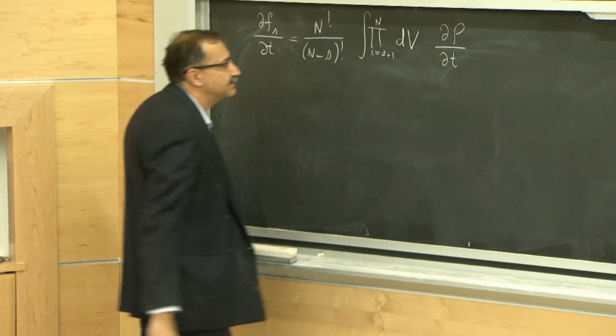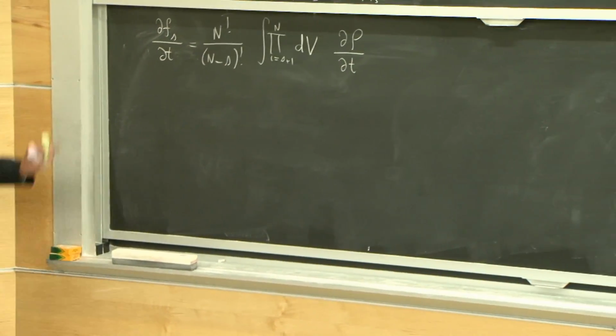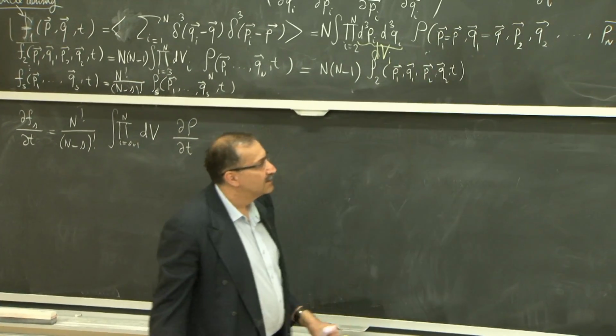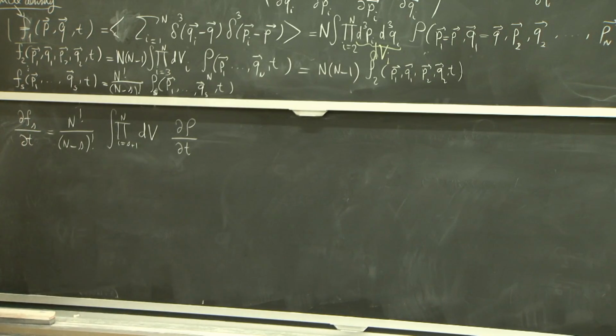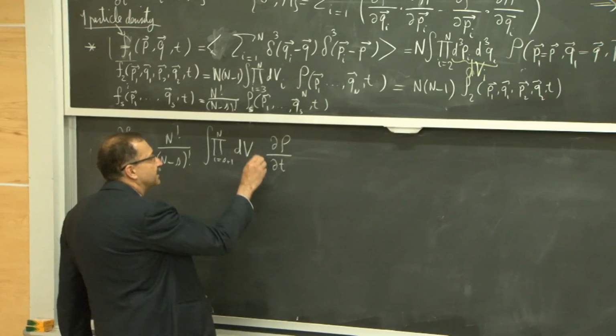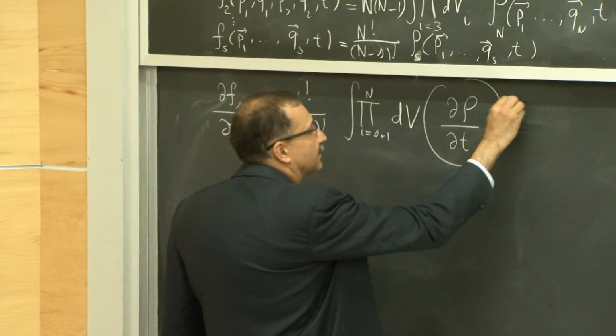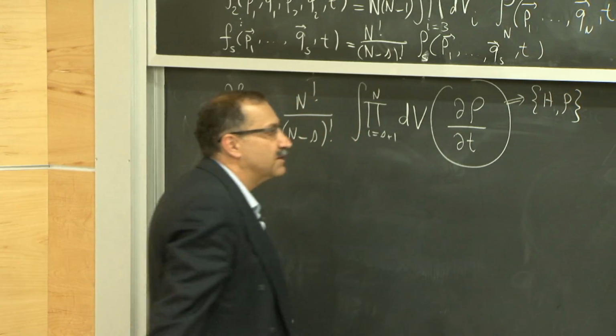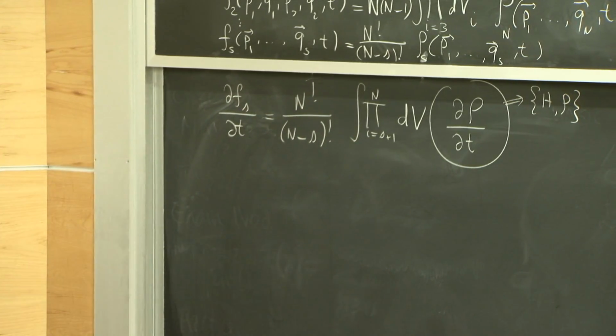Okay? So I just take the time derivative inside the integral because I know how d rho by dt evolves. And so this is going to be simply the Poisson bracket of h and rho. And I would proceed from there.